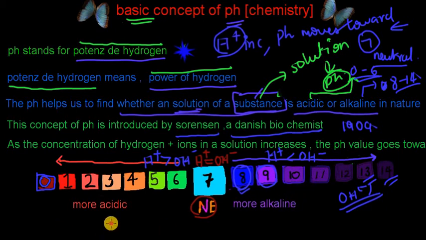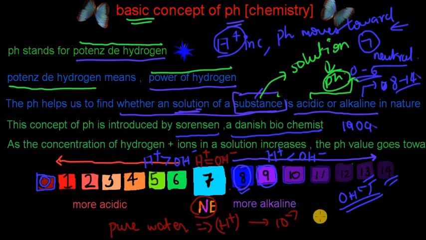Okay, so pure water, that is, distilled water, in other words, will have the same content of hydrogen ions and hydroxide ions. The molar concentration of hydrogen ions in pure water is actually 10 to the power negative 7.